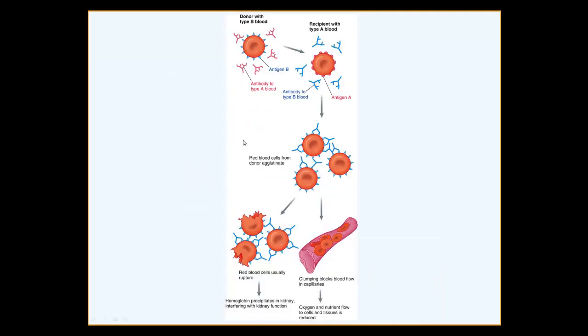So here what happens if you have a donor blood with a B type, and you give it to a person which has an A type blood, and then you will see the antigens and antibodies are reacting together, and that leads to either hemolysis or clumping of the blood and thrombosis.